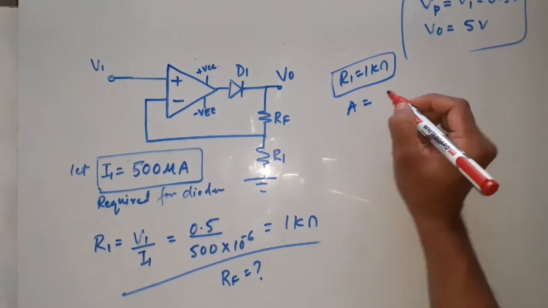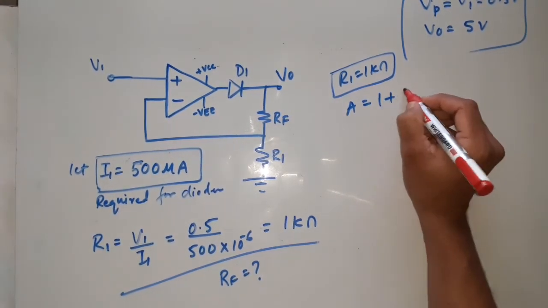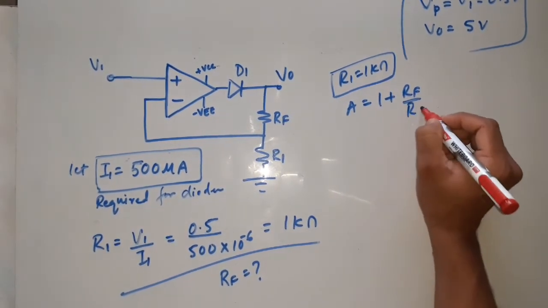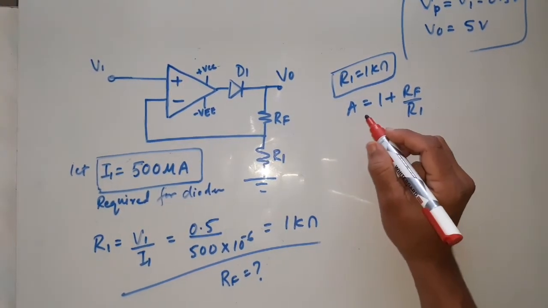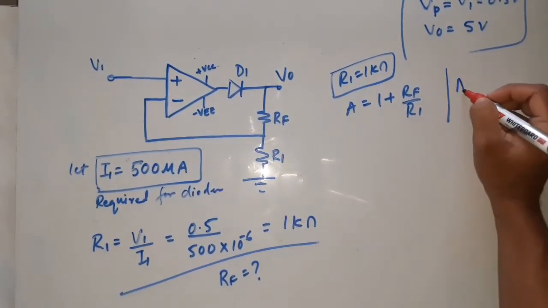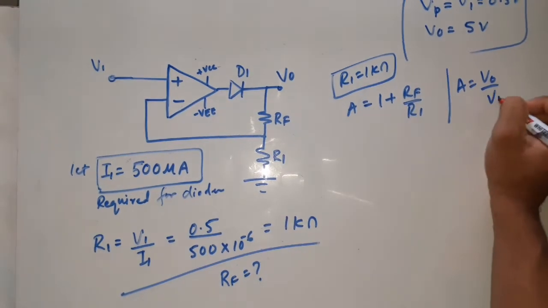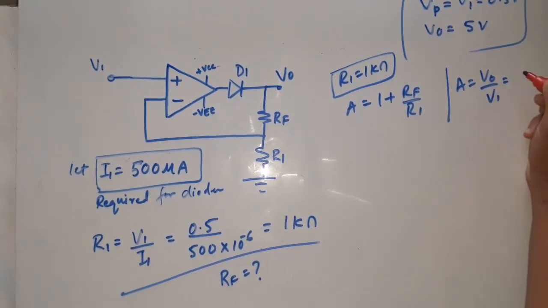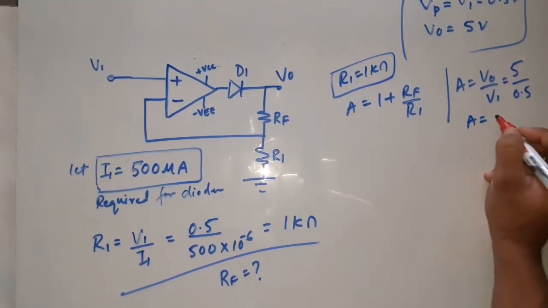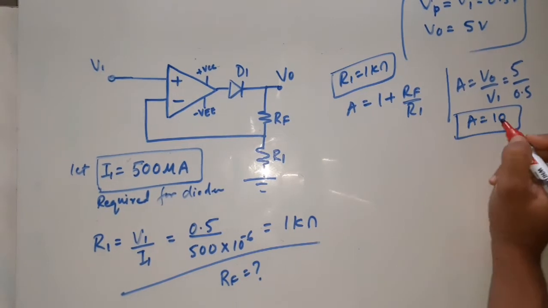We also know that gain is output by input. What is output? 5 volts, divided by input 0.5. So gain will be 10. A is equal to 10.